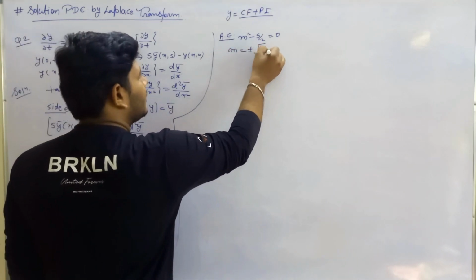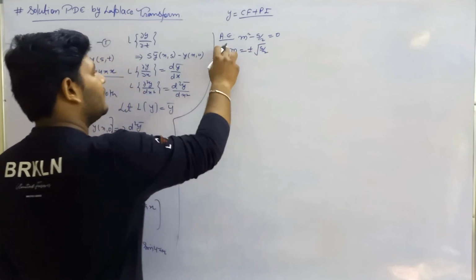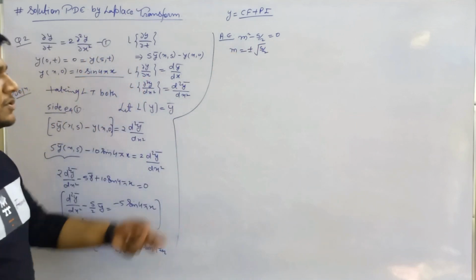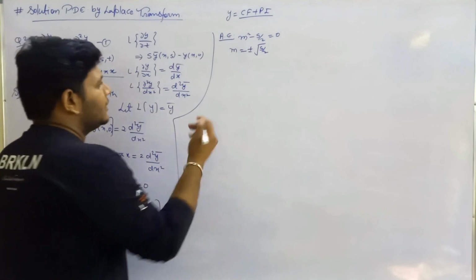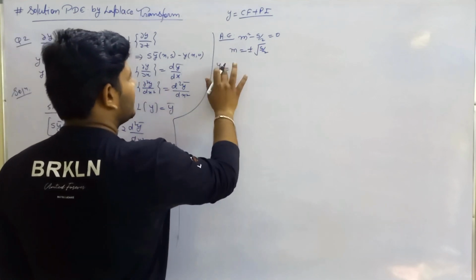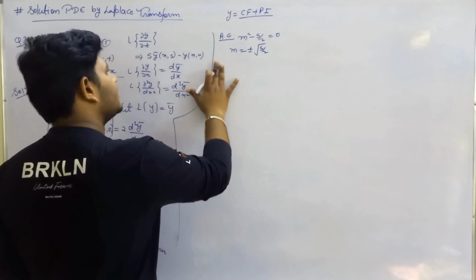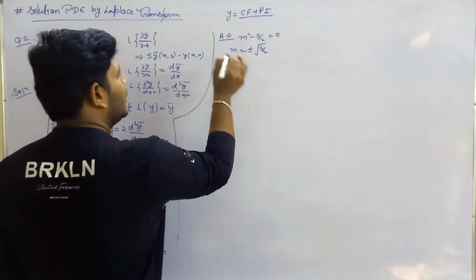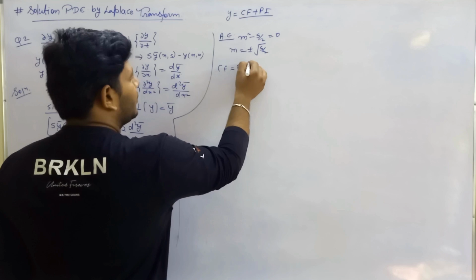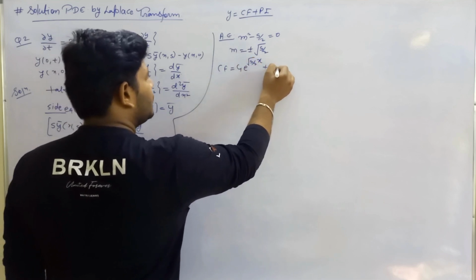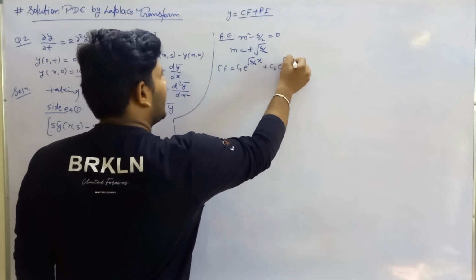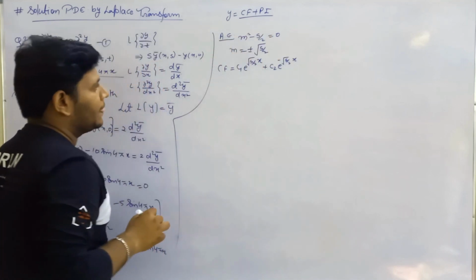When we have two roots which are distinct, the solution of this differential equation is y equals the complementary function, which is c1 e to the power root of s by 2 x plus c2 e to the power minus root of s by 2 x.